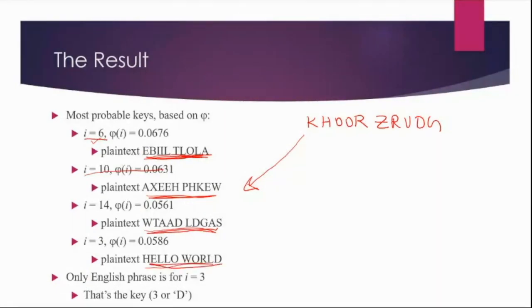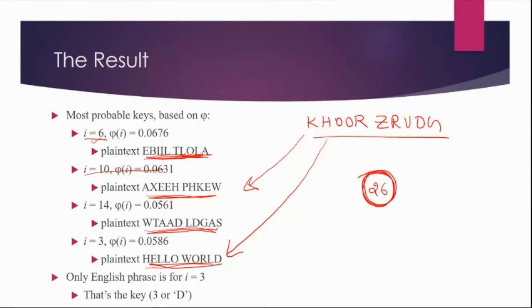Just by reading the sentence, you can get to know that yes, this is the plaintext we are looking for, or this could be a possible plaintext corresponding to the given ciphertext. When we are doing exhaustive search, we have to convert the entire ciphertext 26 times.